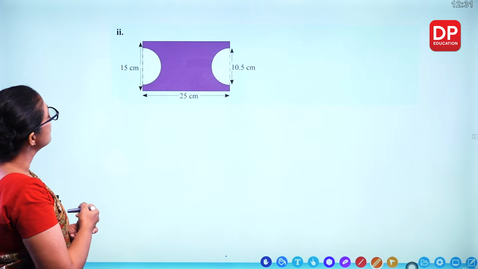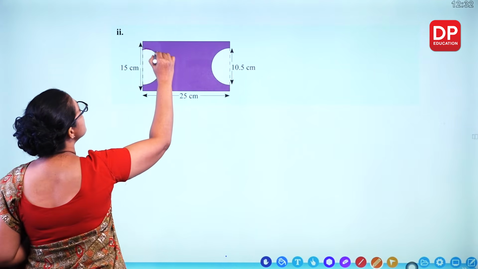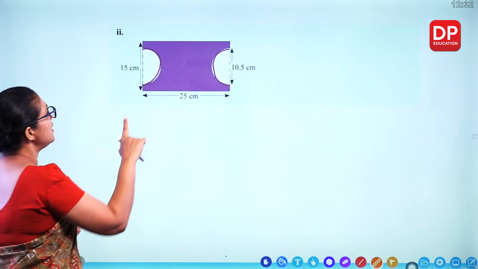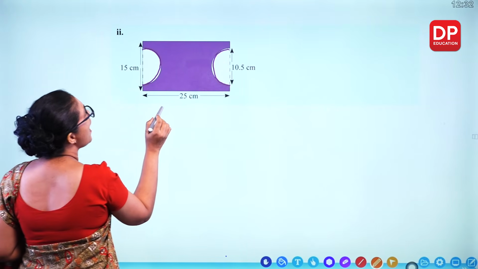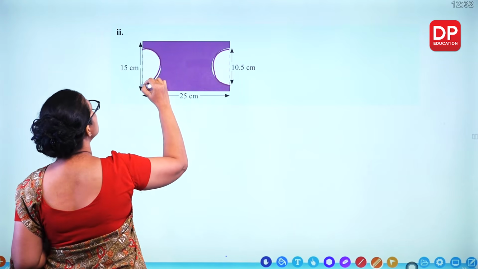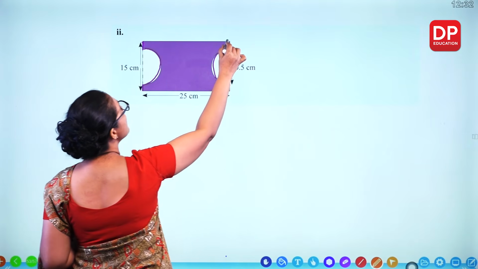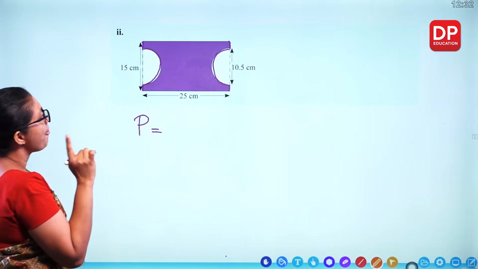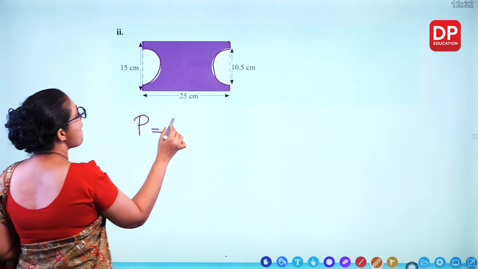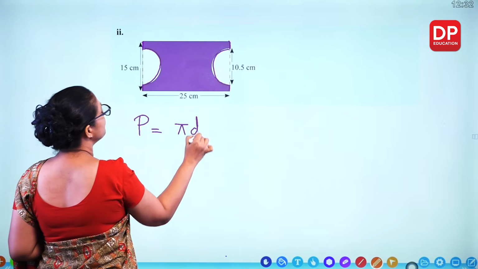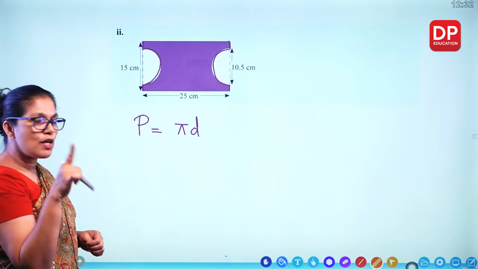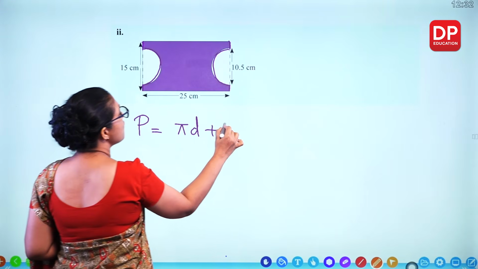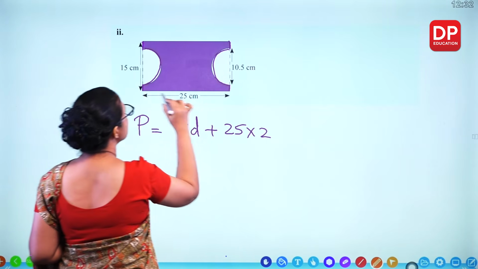This one. So perimeter means this one plus this one. Again you get one full circle, and here you have to add these 2 lengths as well as these 4 lengths. So we'll calculate the perimeter at once. Diameter is given, so pi d. Semicircle and semicircle becomes one full circle, plus 25 twice.